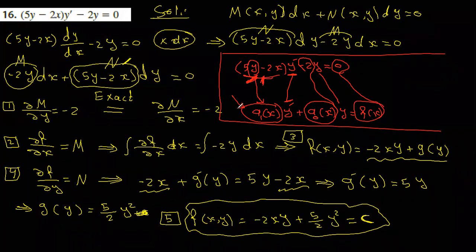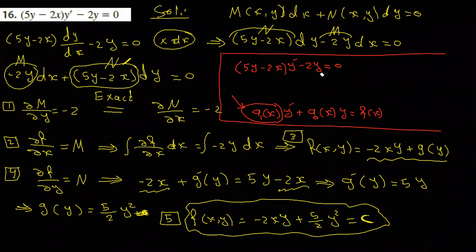If I try to distribute on y, I will do that. So it will be 5y y prime minus 2x y prime minus 2y equals 0. Now immediately this equation isn't linear. Why?